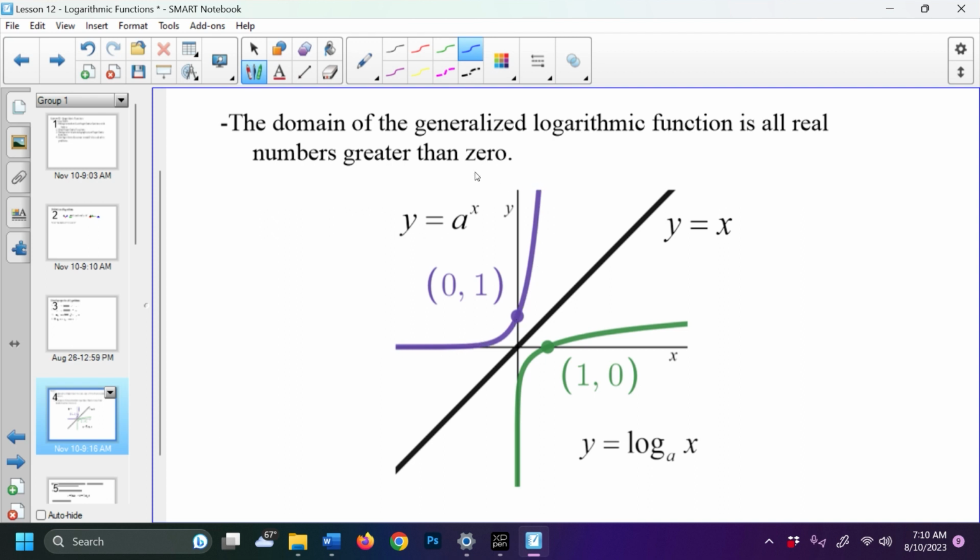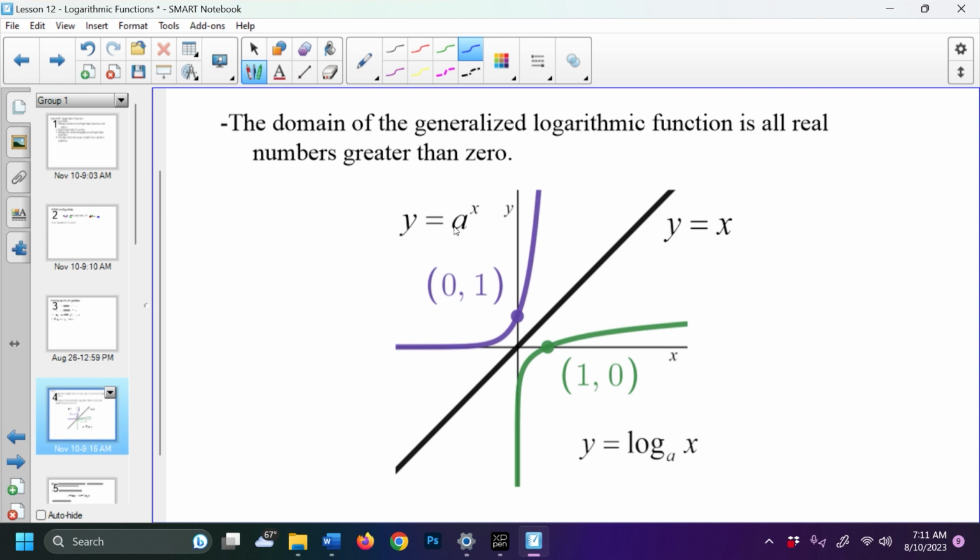Since a logarithm is an inverse, whenever you have an inverse, you switch your x and your y, and we can see that in this logarithmic function, we also have a corresponding point where the x and the y have been switched from the coordinates in the generalized exponential function.